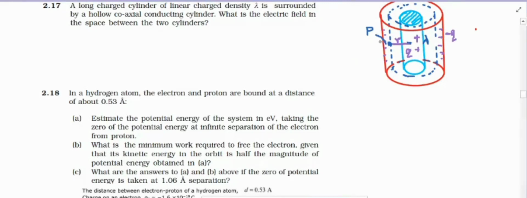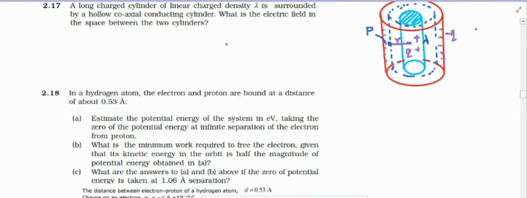Now, we know that if you imagine such a Gaussian surface, then the electric flux passing through the cross sections is 0, and we only need to consider the flux through the curved surface. For the cross sections, the flux is 0 because the direction of electric field and direction of area are perpendicular.